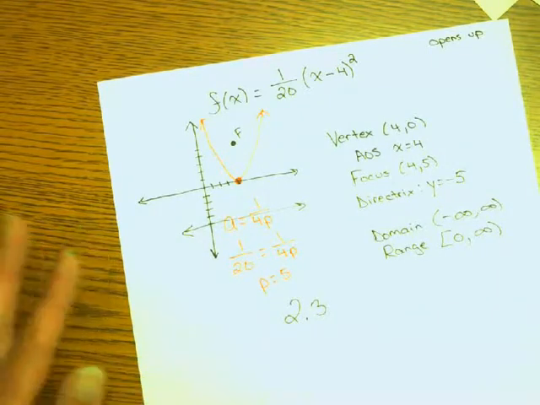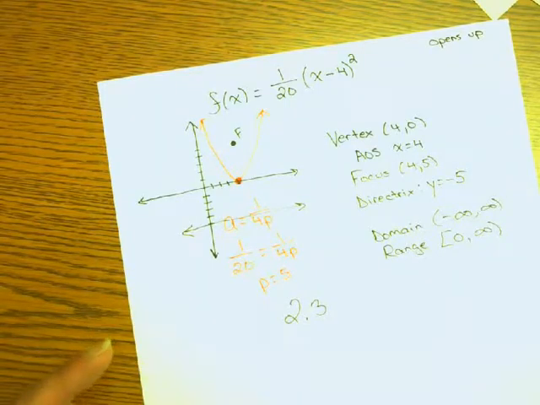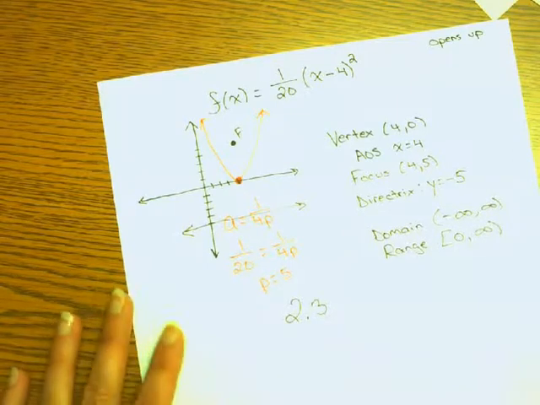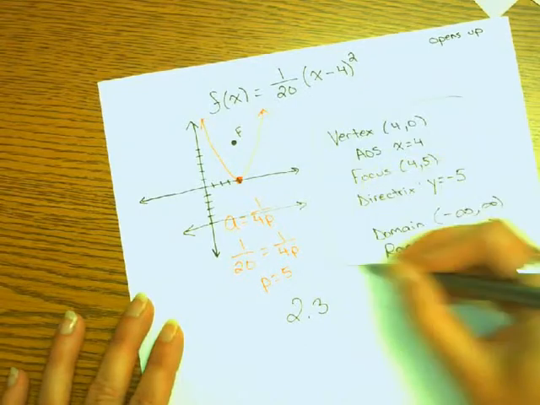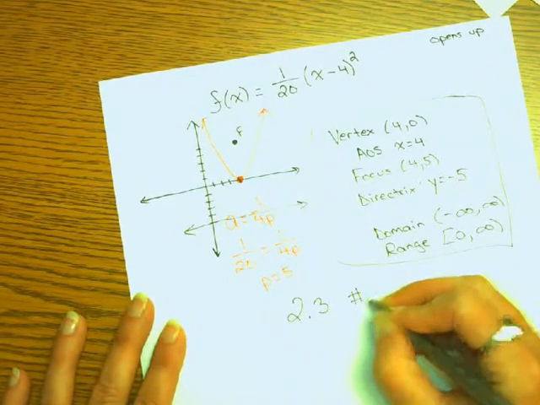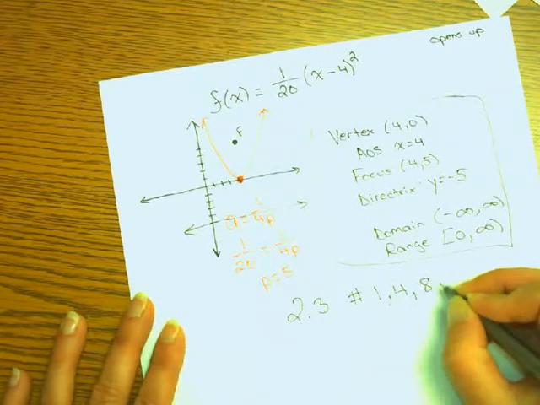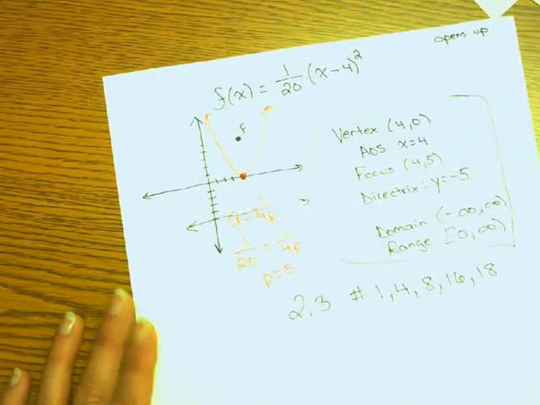I want you to sketch the information given and then write the equation. So you're going to do that and then find all the missing information on numbers 1, 4, 8, 16, and 18. We don't need a lot of these.